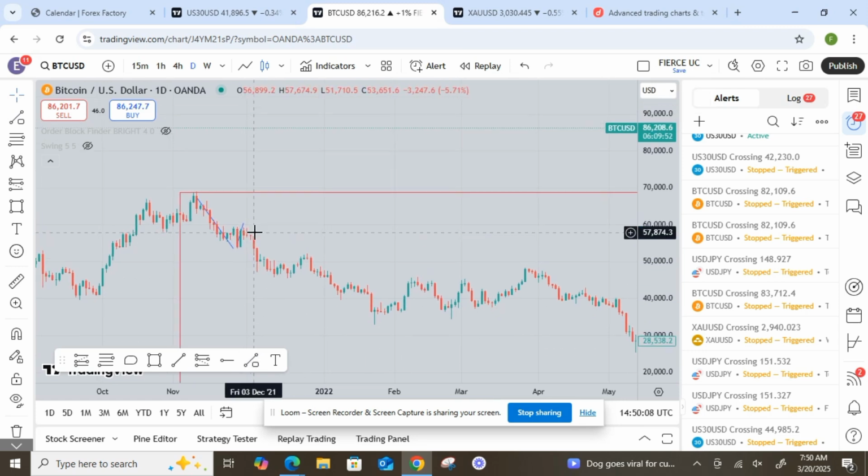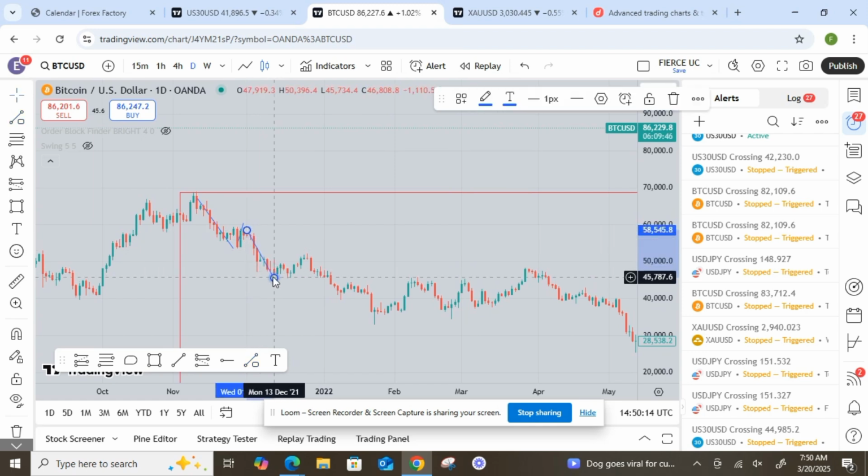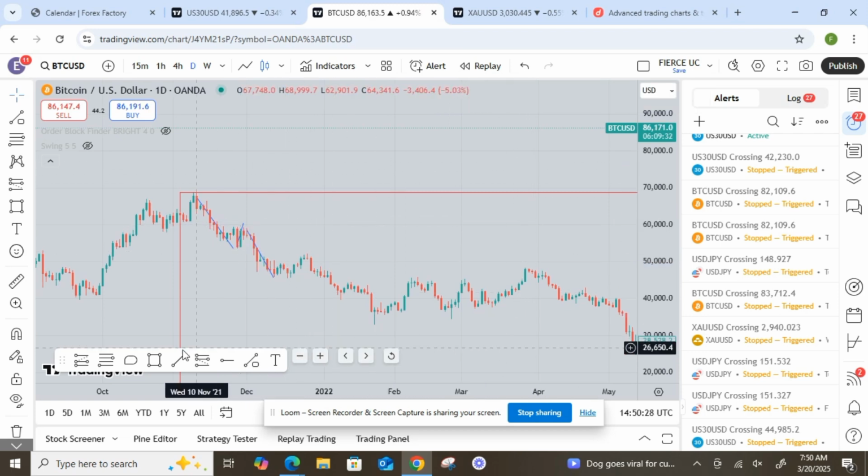Then impulsive, right? Because it broke this previous low, right? And in a downtrend, the swing point is the lower low, and that lower low is our resistance level. So let's drag it now. Let's mark that point now.